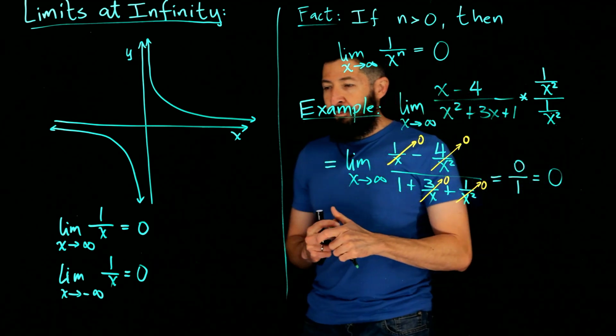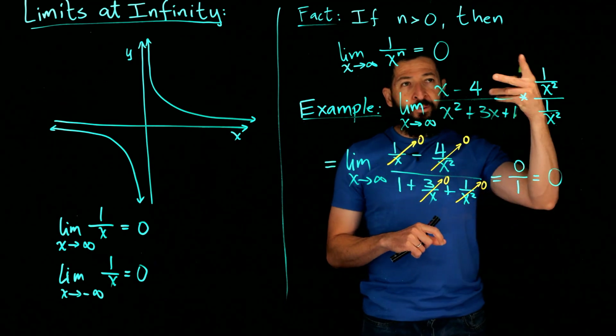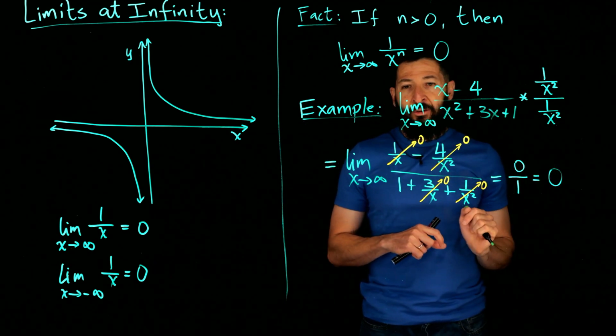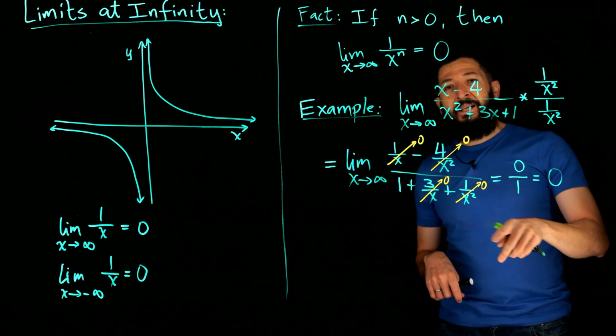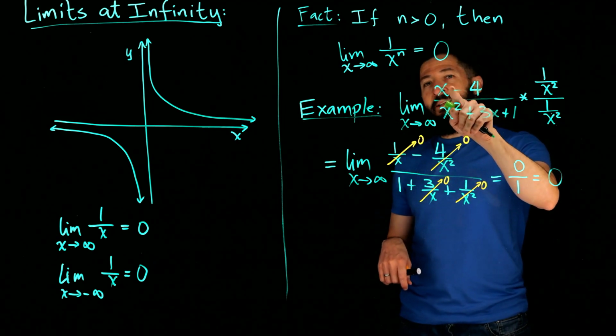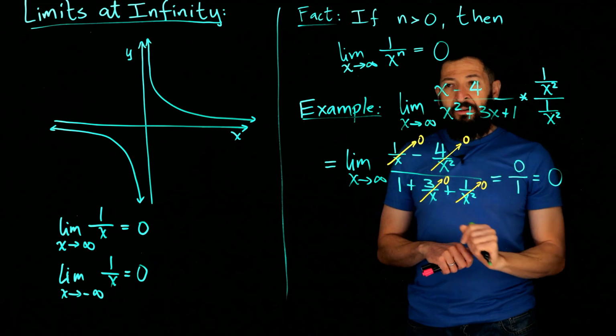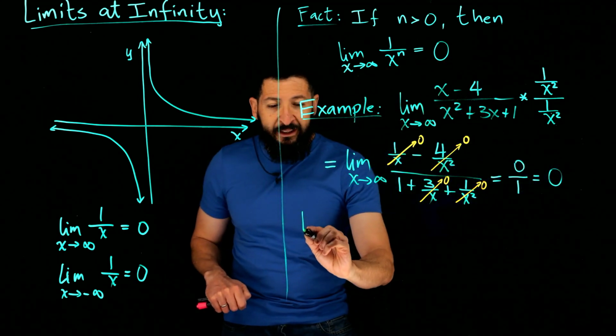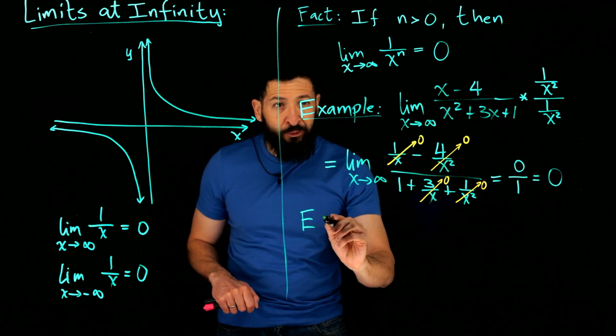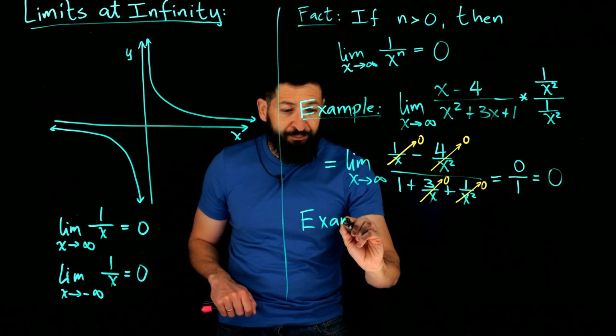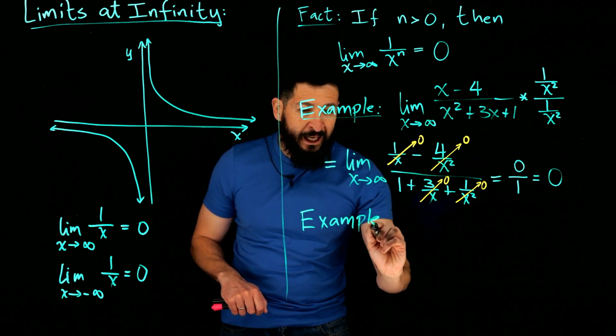Let's do one more. So notice that in the first one, the degrees of the numerator and denominator were equal. In this case, the degree of the numerator is less than the degree of the denominator, and it went to 0. Let's do one where the degree of the denominator is less than the numerator, so backwards. And let's see what happens.